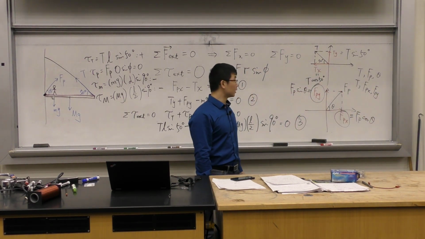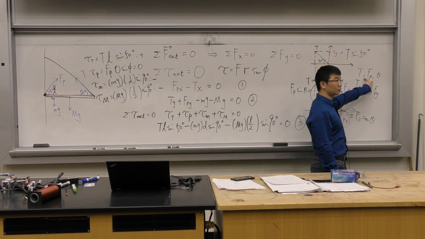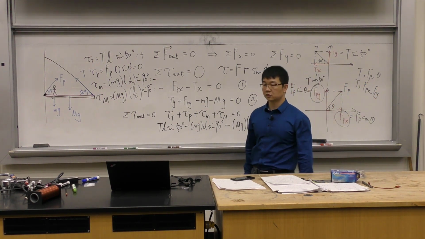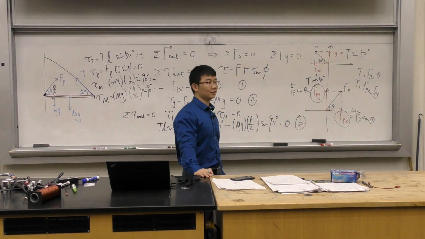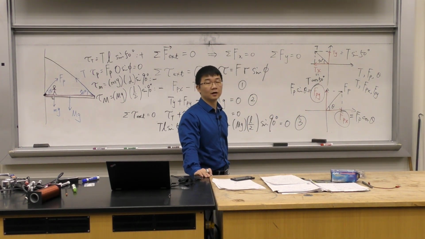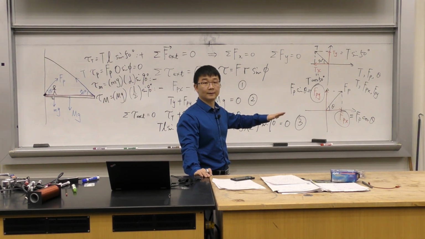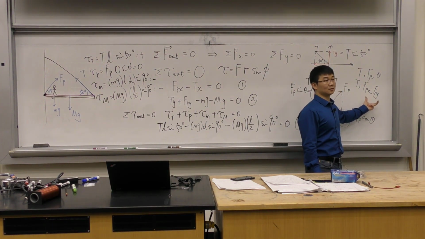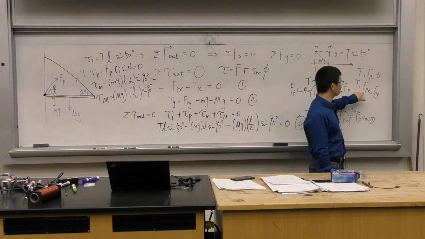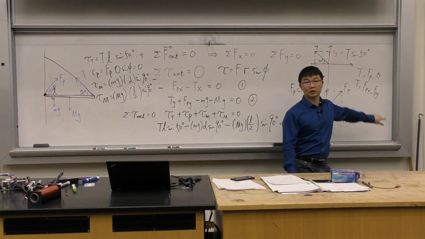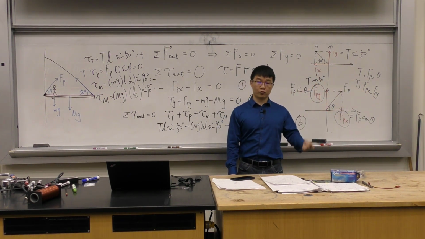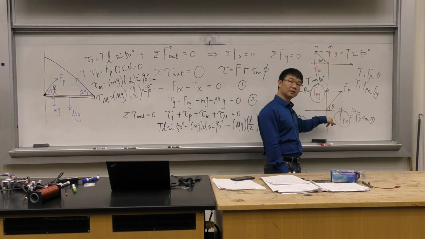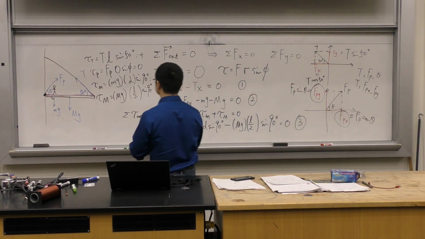Why is this easier? Because when you solve these together, with two forces and an angle, you may have sine inverse, cosine inverse, and the algebra is going to be a little bit harder. But there's nothing wrong if you want to do it that way. Usually people solve for three forces, that's easy. And once you have these two components, you can go back and find the net force magnitude and the theta angle. So that's what we're going to do here.